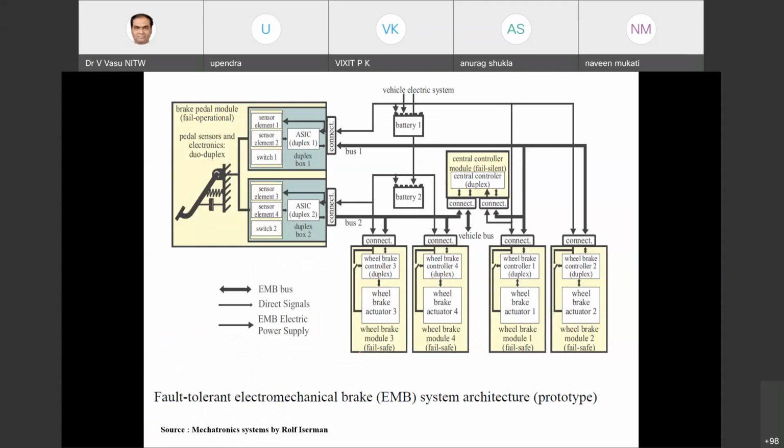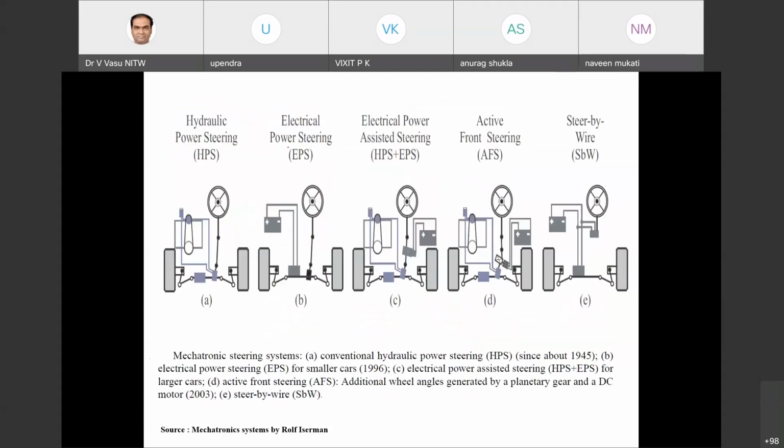So here this is the automobile braking system. We have to design the braking system with fault tolerance. If the brake has failed, it has to stop the particular vehicle. That is called fault tolerance.